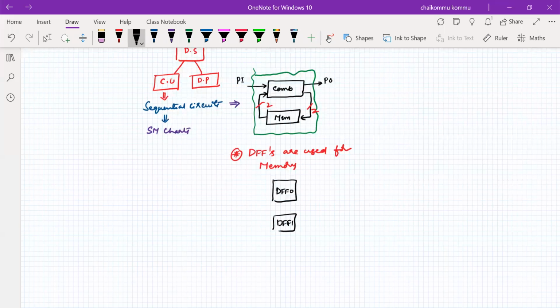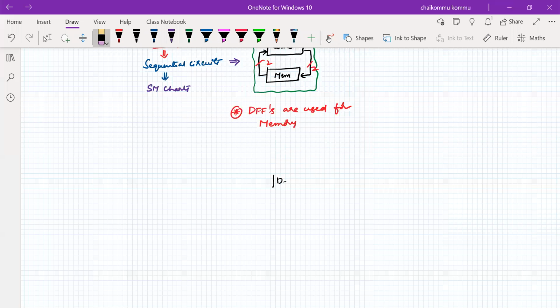For the sake of simplicity, I'm writing this structure so that we can understand without difficulty. We have one memory element here and another memory element here, D0 and D1, which means the D flip-flops.